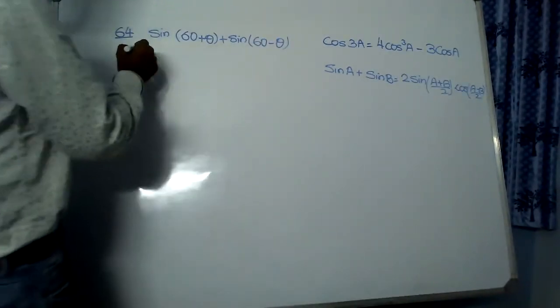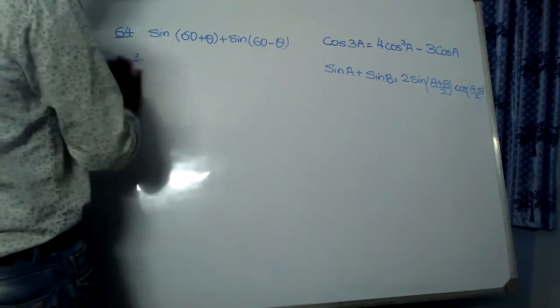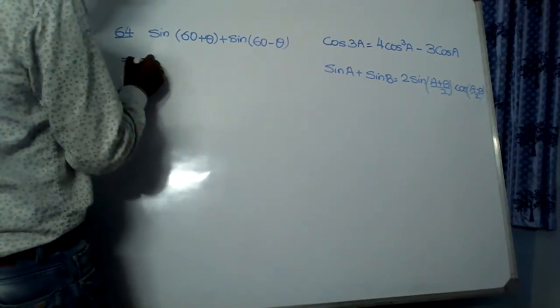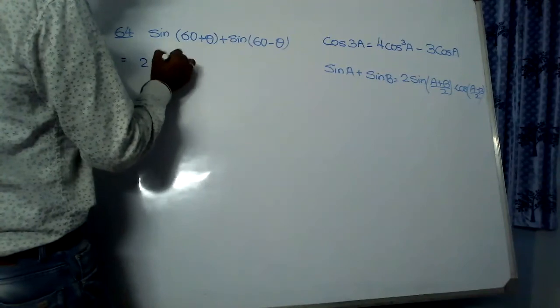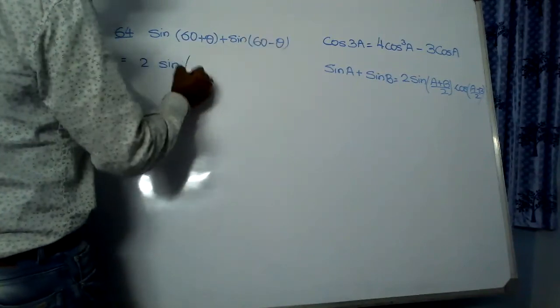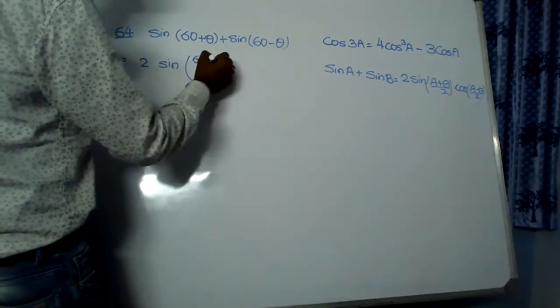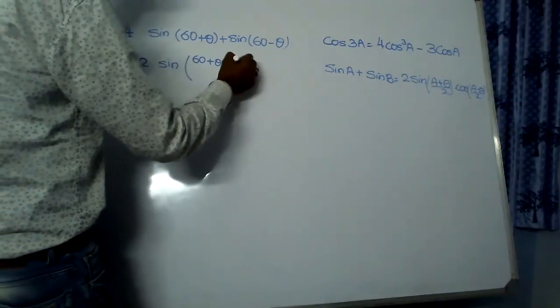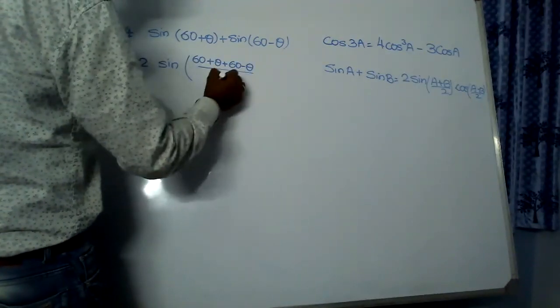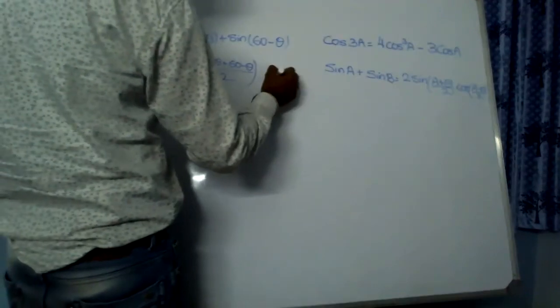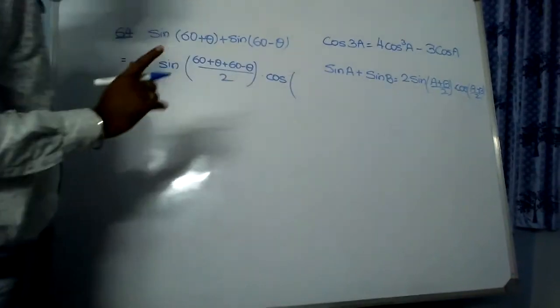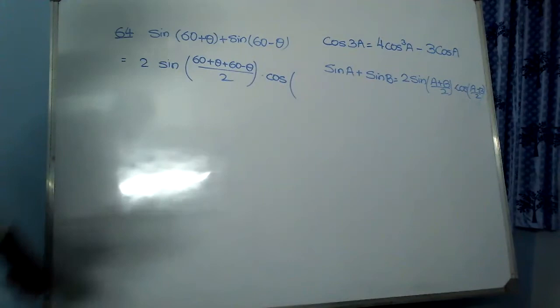Yeah, so if I apply that formula, what will I write? I'll write it as 2 sine A plus B divided by 2 into cos A minus B. This is my A, this is my B. While doing minus, always remember one thing.